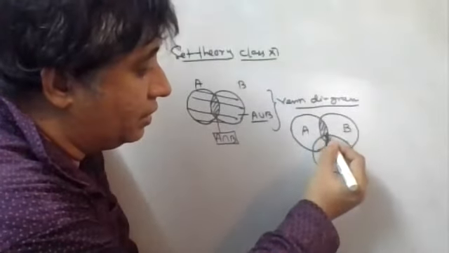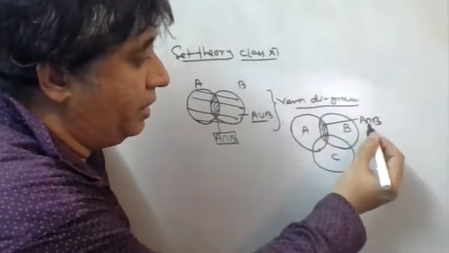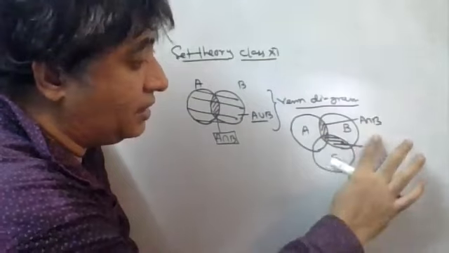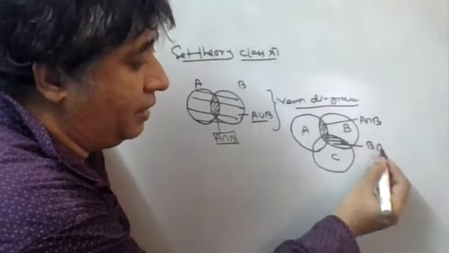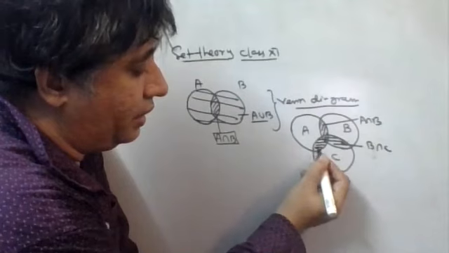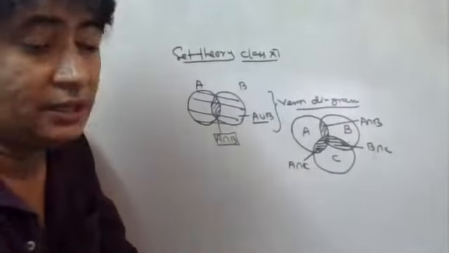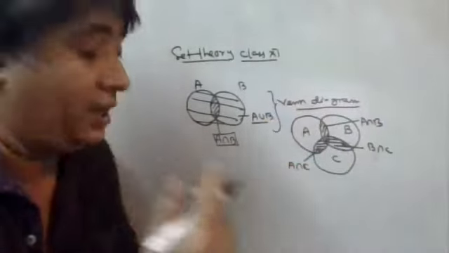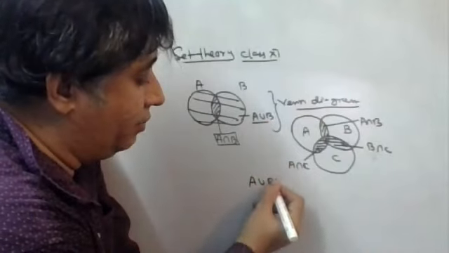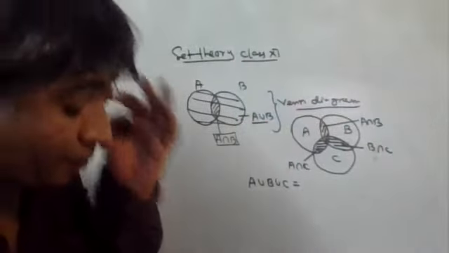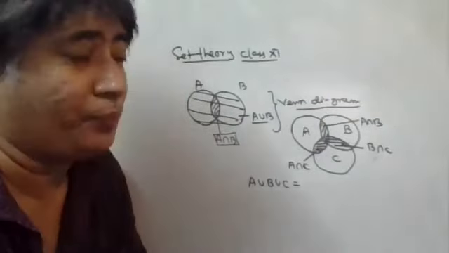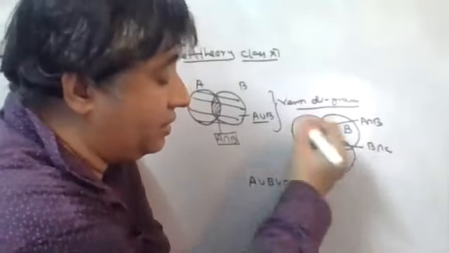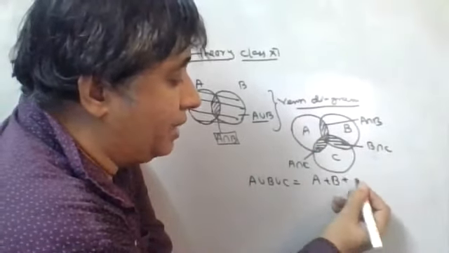See, this is the region which represents A intersection B. This region represents B intersection C, the common part, and this is the area that represents A intersection C. So if you want to combine them by union, A union B union C, with the general approach you need to add these three sets, A plus B plus C.